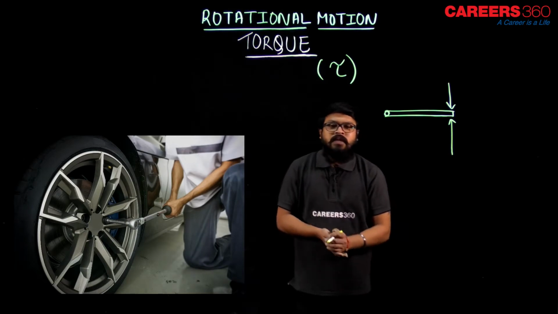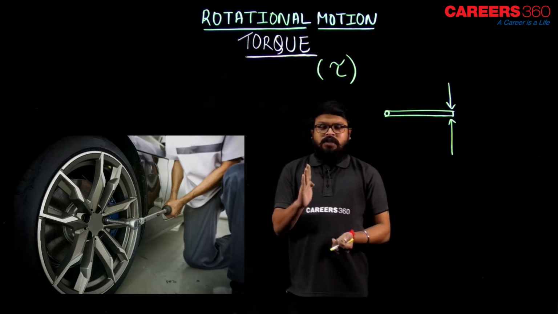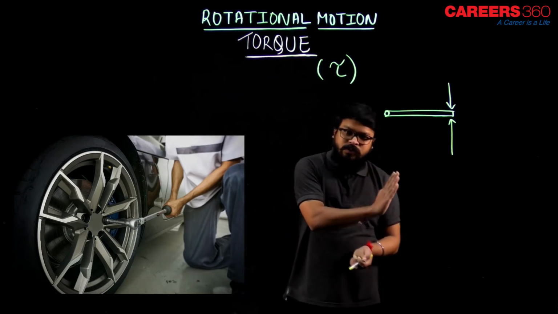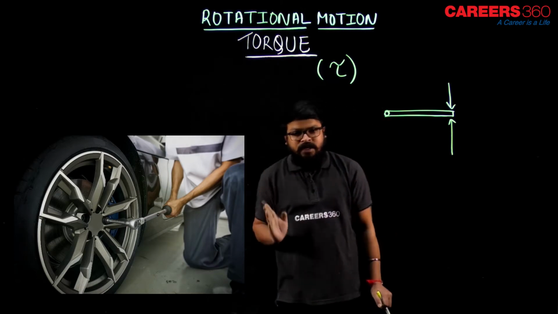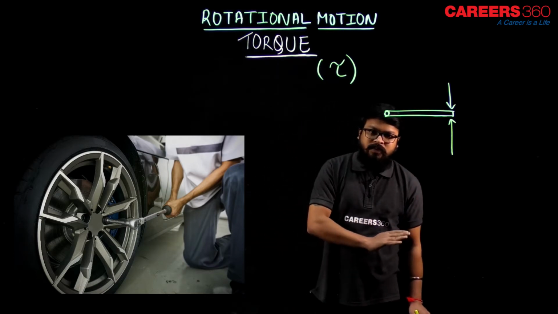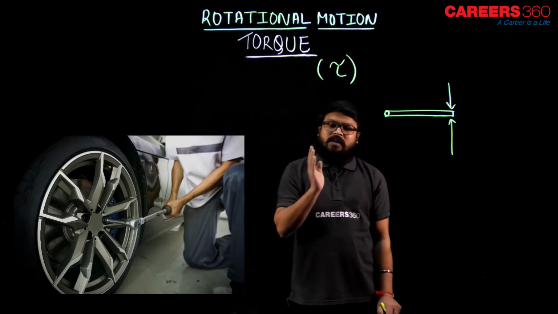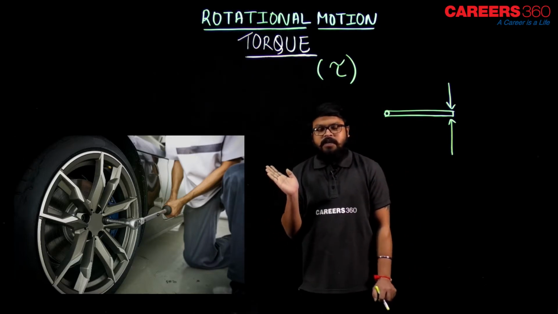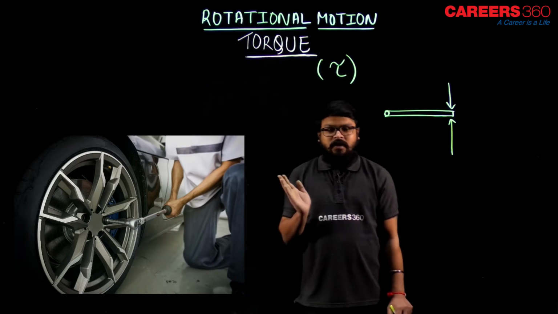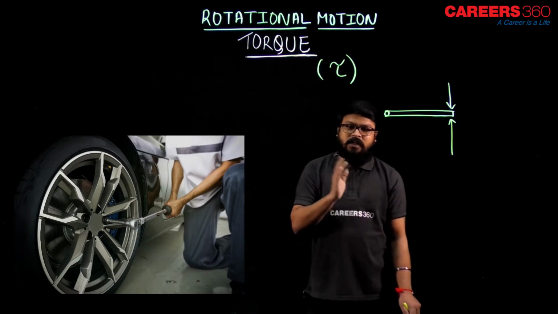So, in linear motion, we apply a linear force F. In rotational motion, we apply torque. Just the similarity, just like angular and linear displacement, velocity and acceleration.